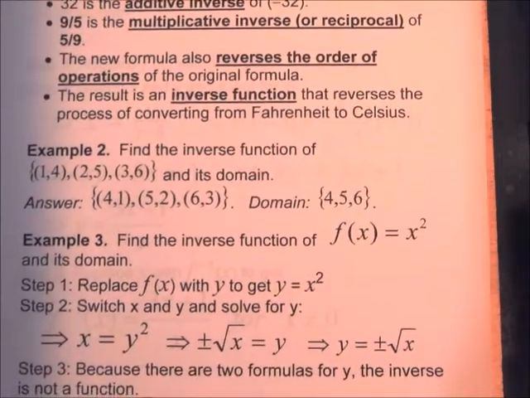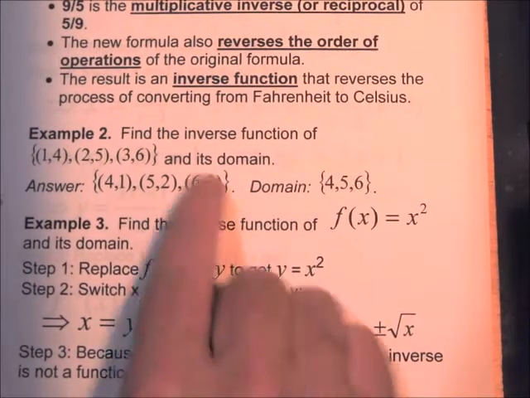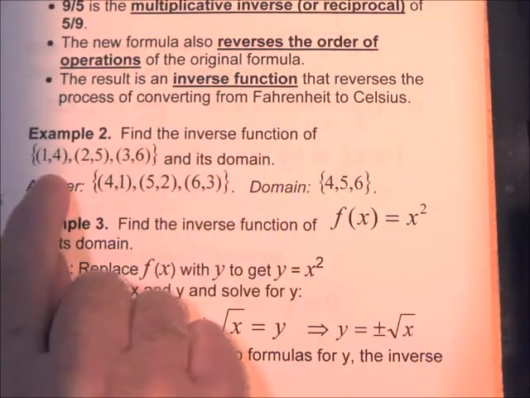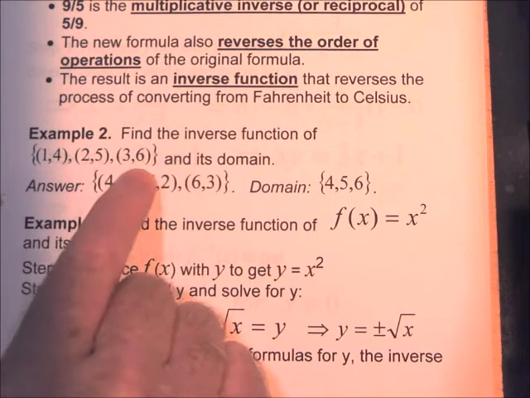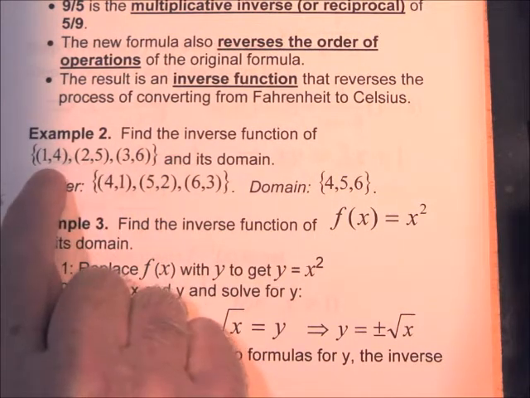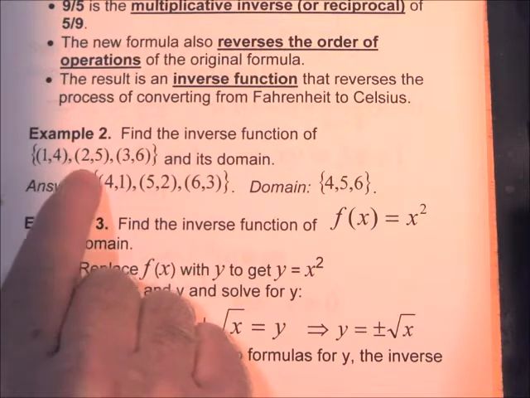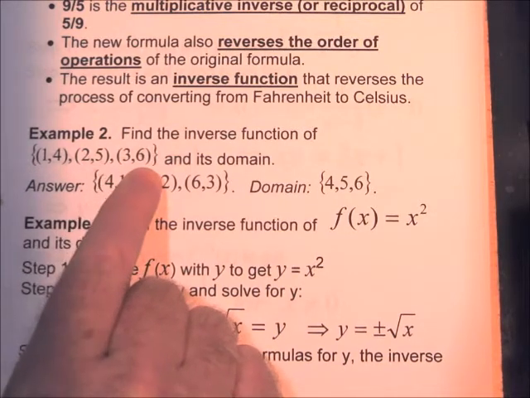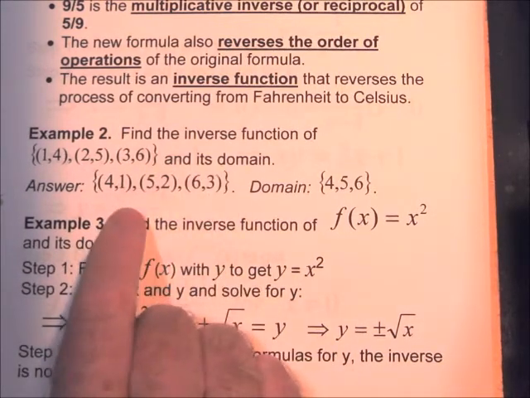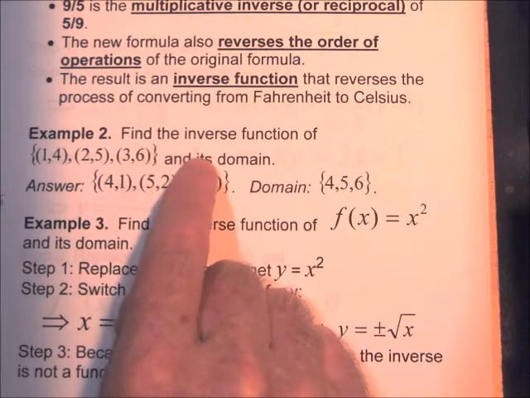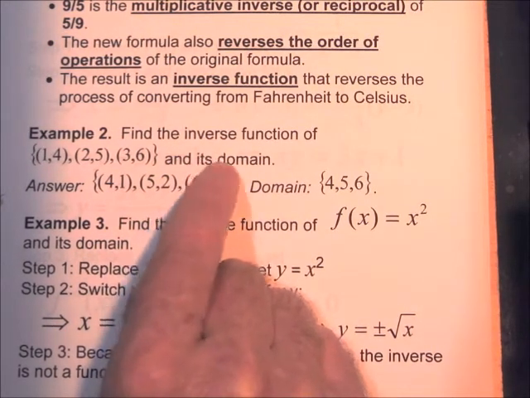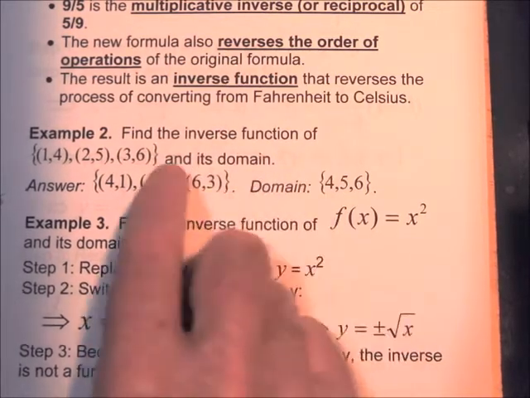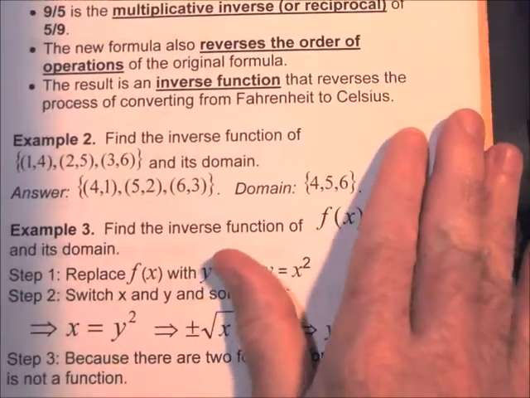Okay, so another example: find the inverse function of a discrete function here. This is a set of 3 points, (1, 4), (2, 5), (3, 6), and its domain. Generally, when you're inverting functions, you're switching the roles of x and y, or F and C, or whatever letters you're working with.